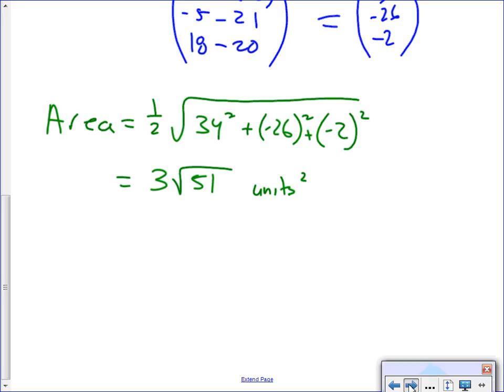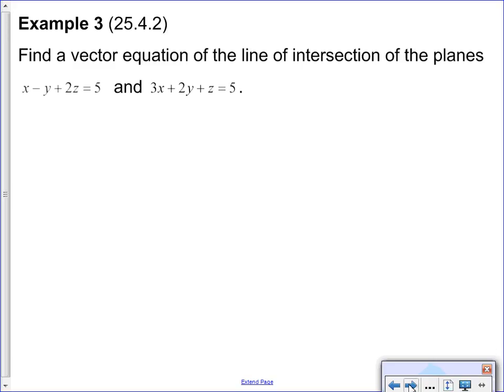Here we go. Find the vector equation of the line of intersection of those two planes. To find the vector equation, you need a position vector and a direction vector.